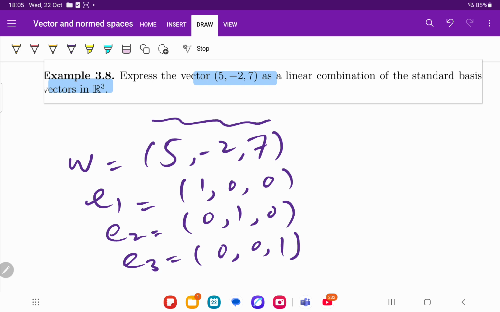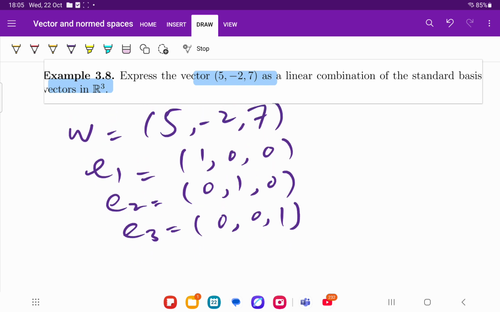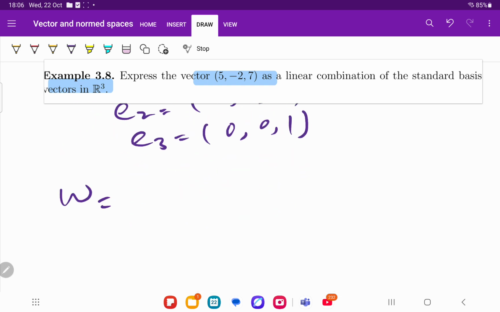Now we would write w as a linear combination of c1 e1, c2 e2 and c3 e3.